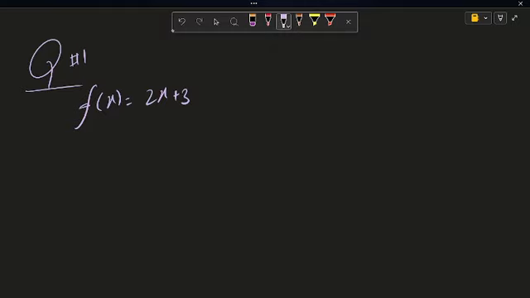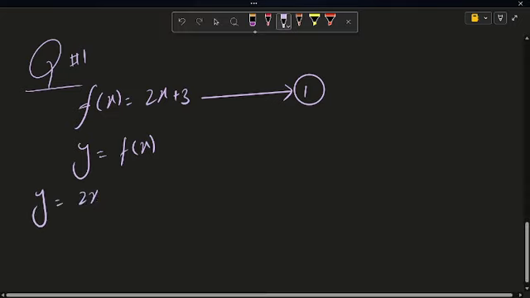So I can see y is equal to f of x. This is my equation number 1. Now plug back f of x is equal to y over here. When you do, you have y is equal to 2x plus 3.